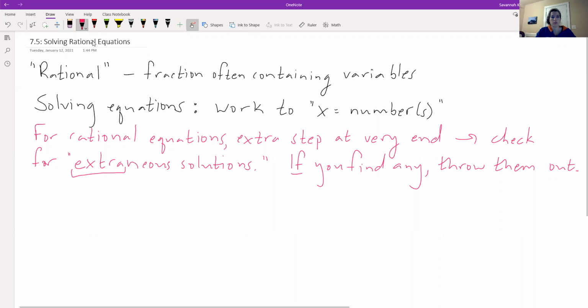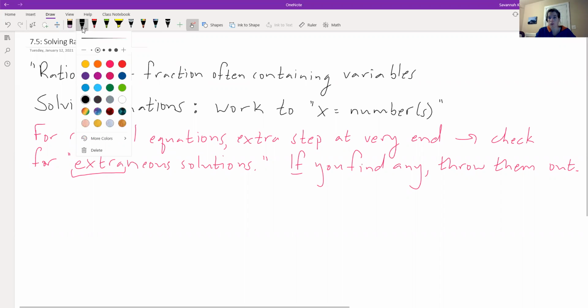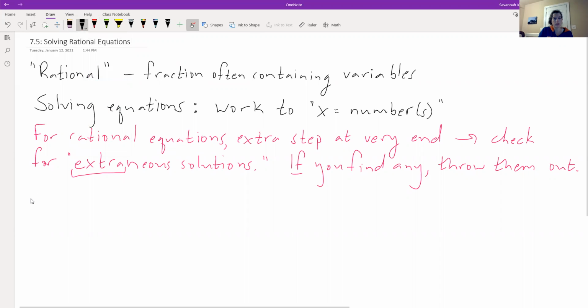Okay, so we're going to be looking for something mysterious called extraneous solutions. And if we find any, we're going to throw them out. And the best way to get into this is just to do it. Just dive right in. So first practice problem on page 410.